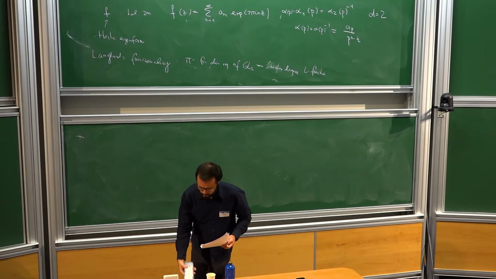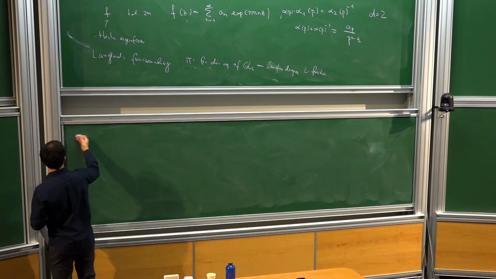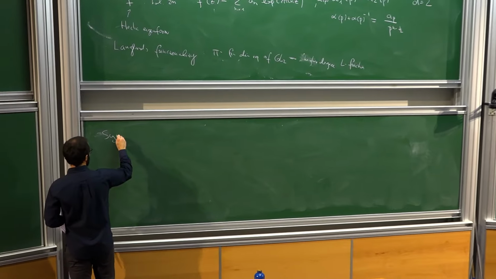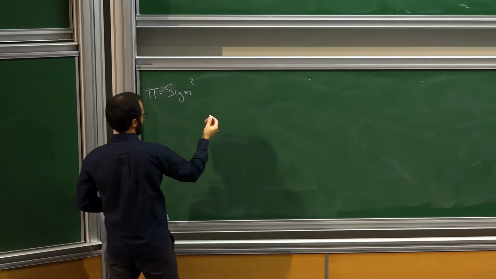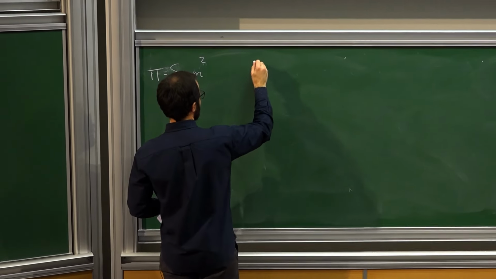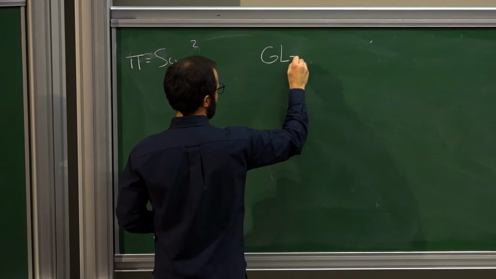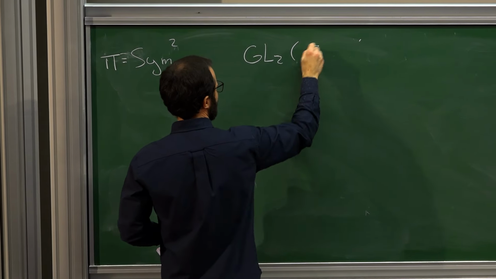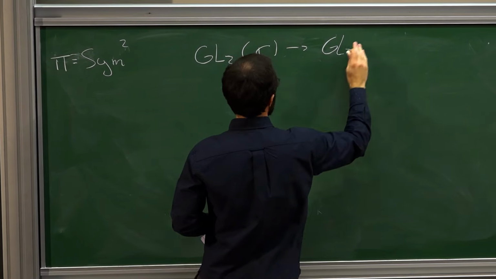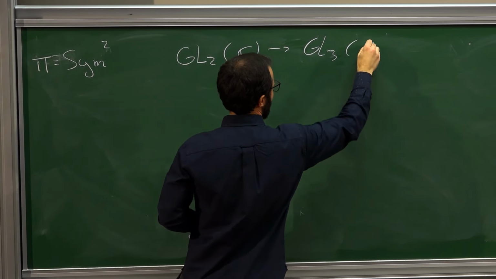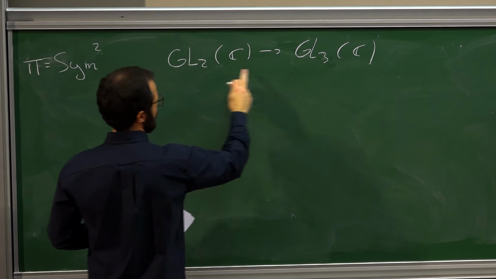The symmetric square is thought of as a representation of GL2, a homomorphism from GL2 to GL3, some 3-dimensional vector space.